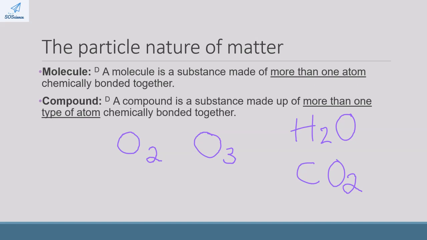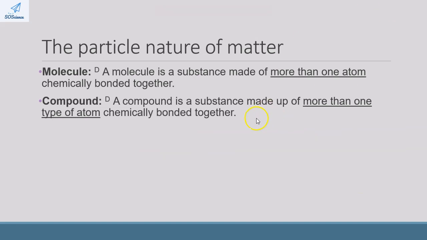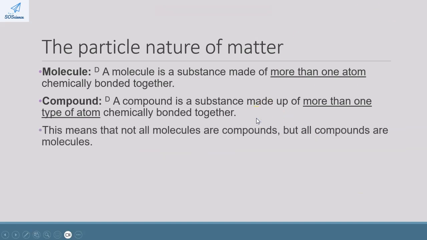So that means that H2O and CO2 are both a molecule and a compound. These guys over here are molecules, but not compounds. So what does that mean? Well, it means that not all molecules are compounds, but all compounds are molecules.